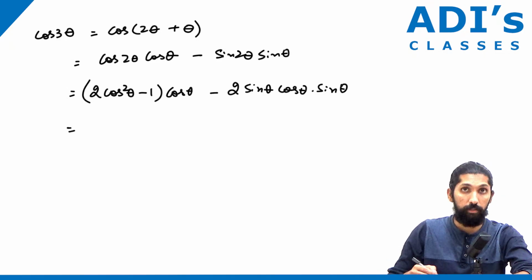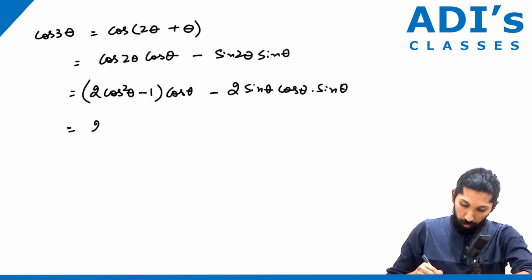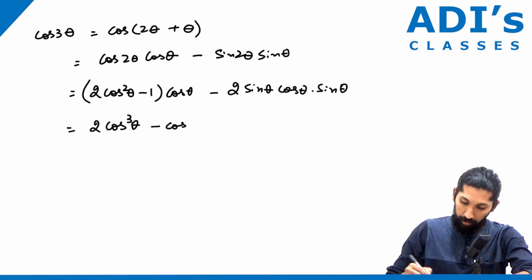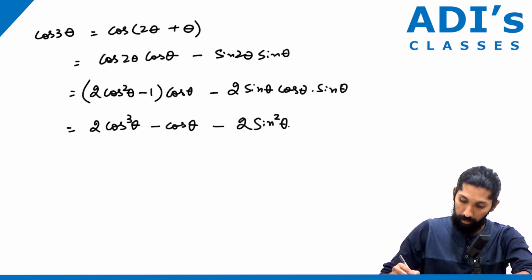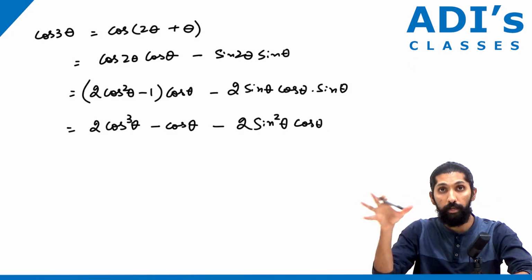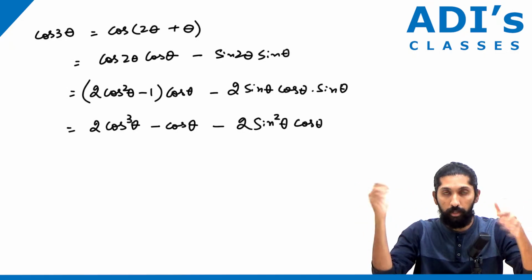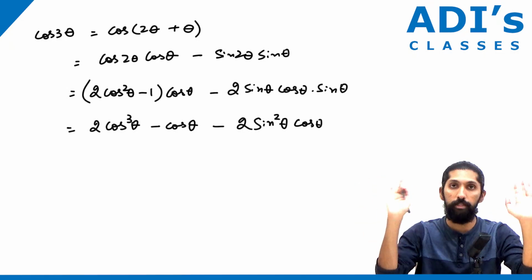Now multiply this one here, 2 cos square theta, and this one. So you're going to have 2 cos cube theta minus cos theta minus 2 sin square theta into cos theta. Now convert that sin square in terms of what will you convert? 1 minus cos square theta. Convert everything into cosine basically.